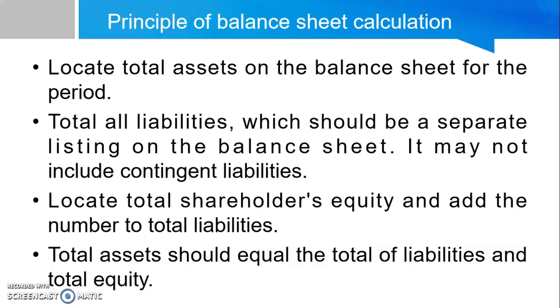Then locate total liabilities, which should be a separate listing on the balance sheet. It may not include contingent liabilities. Thirdly, locate total shareholders' equity and add the number of total liabilities. And finally, we can say total assets should equal the total of liabilities and total equity.